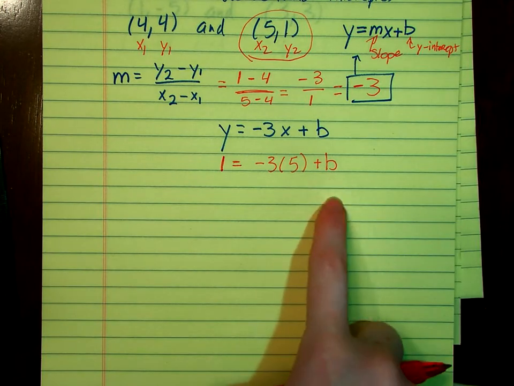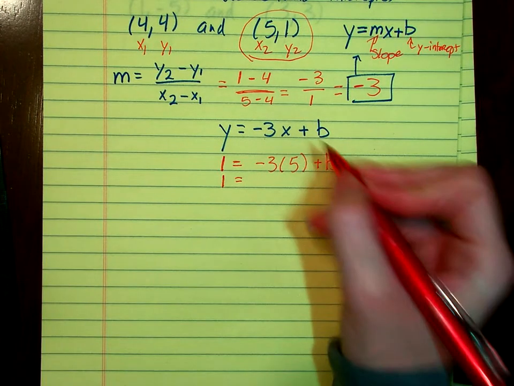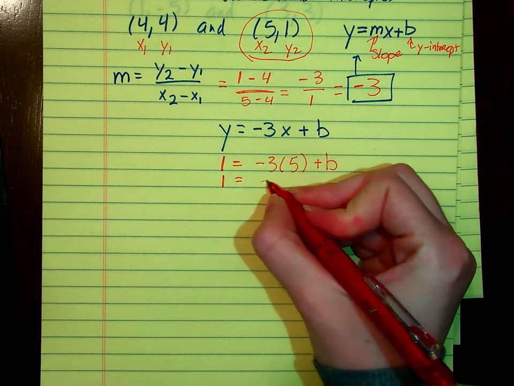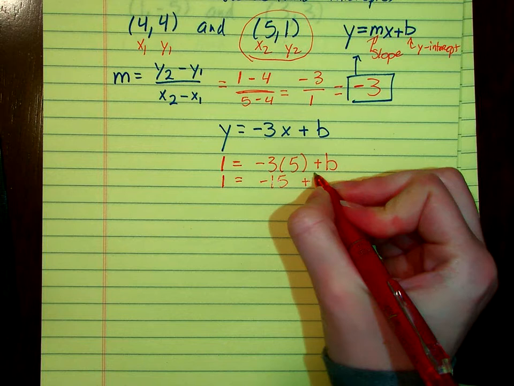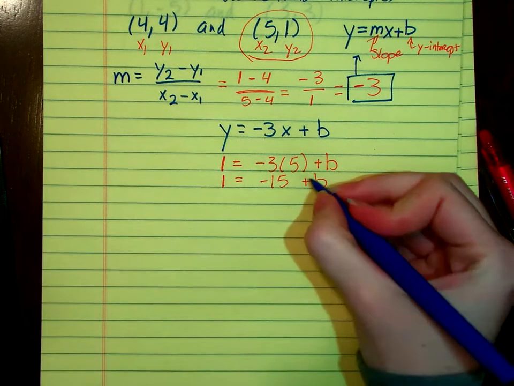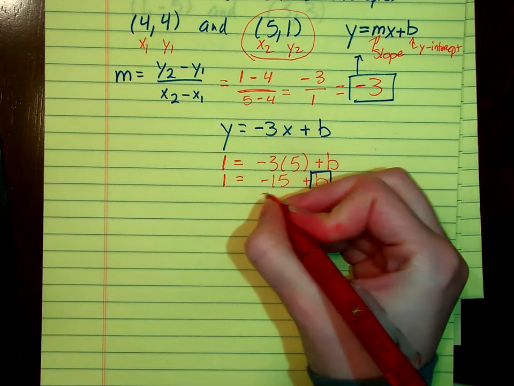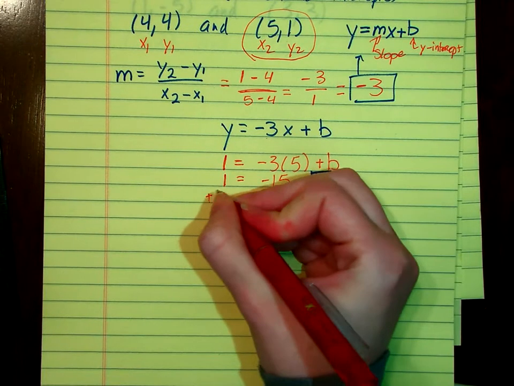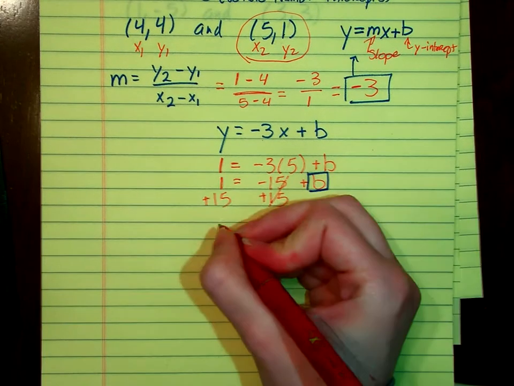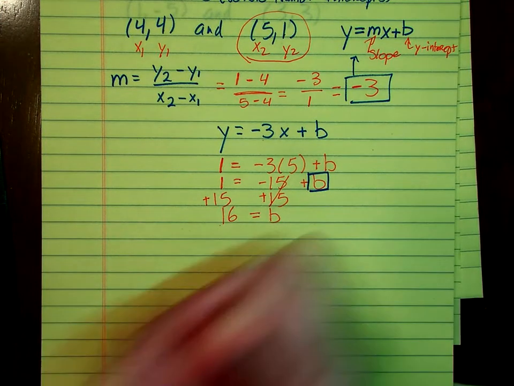And now I solve for b. Well, first we have to go ahead and do out our multiplication. -3 times 5 gives me -15 plus b. And again, my goal is to try to get b by itself. Well, what's being done to b right now? Well, we've added -15. Let's undo that by adding +15. That cancels, so I get 16 is b.